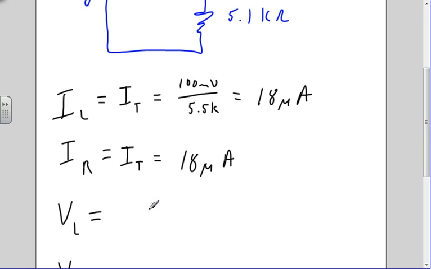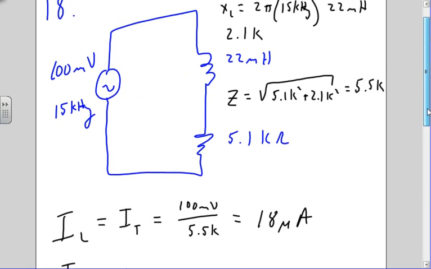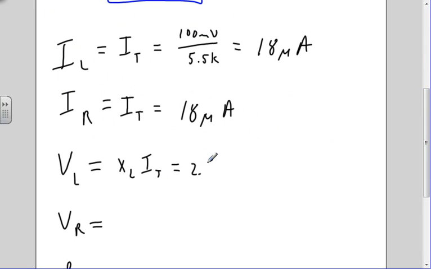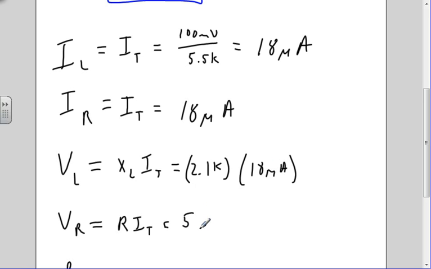The voltage across the inductor is X sub L times total current. Anybody remember X sub L? 2.1K, times 18 micro. For the resistor, R times I total: 5.1K times 18 micro.